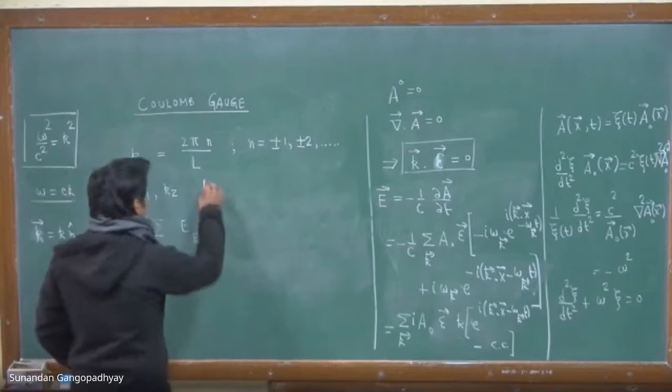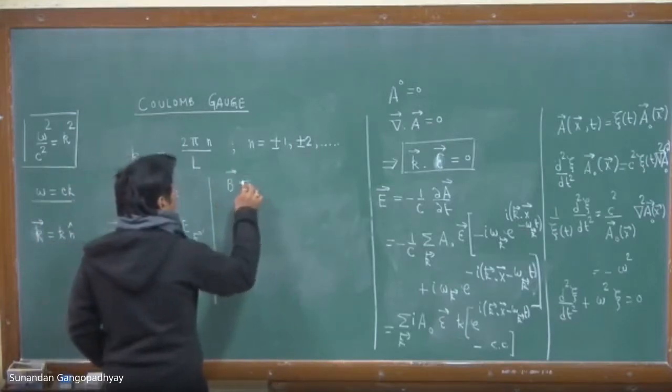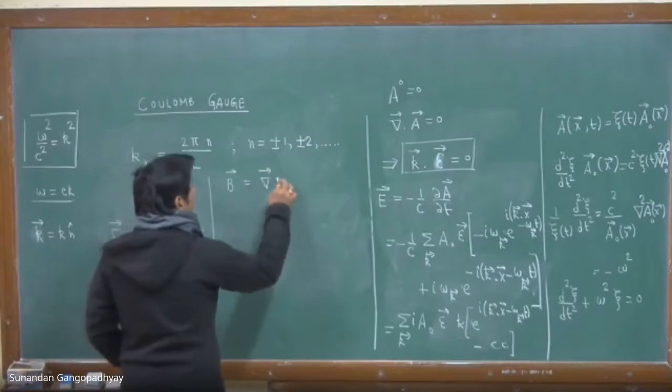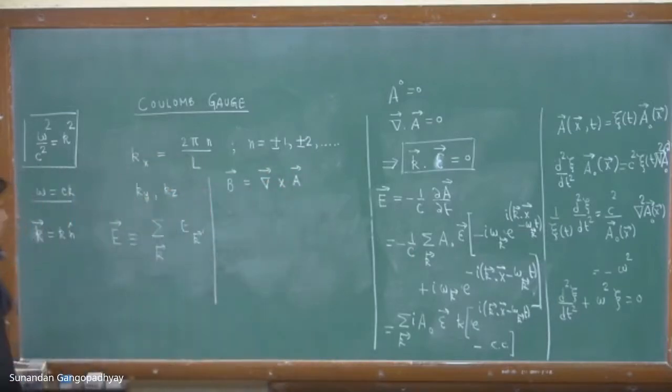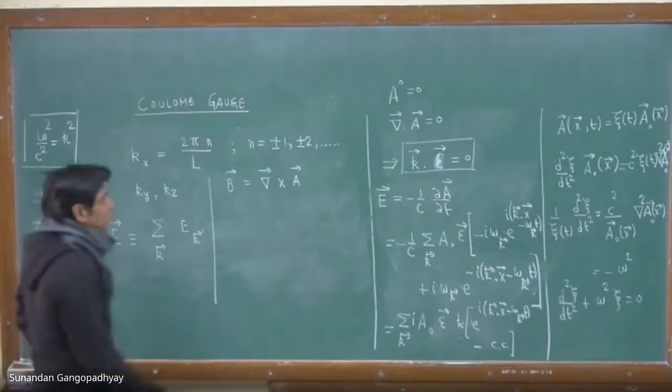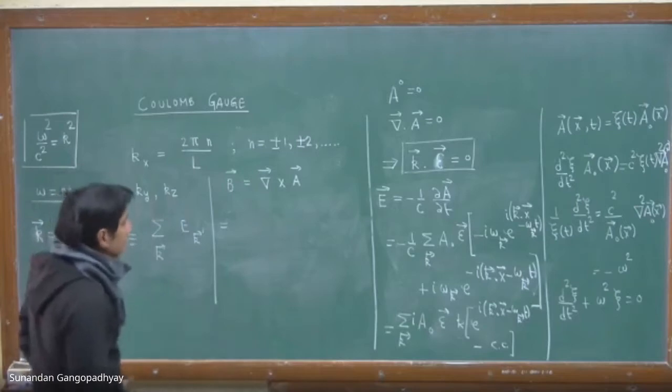And now let us compute what the B vector is. The magnetic field vector is related to the three-vector potential in this way: curl of the A vector. We already have the expression for the A vector.